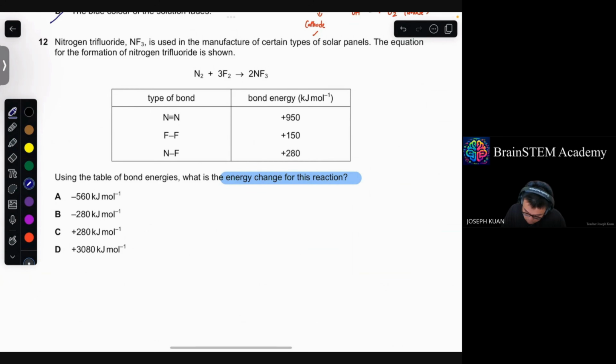So if we were to understand this equation, it is actually a nitrogen molecule and 3 fluorine molecules. These molecules react with each other and then they turn into nitrogen trifluoride, and there's 2 of them.